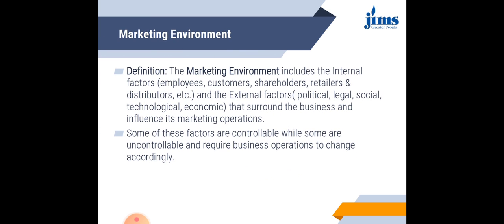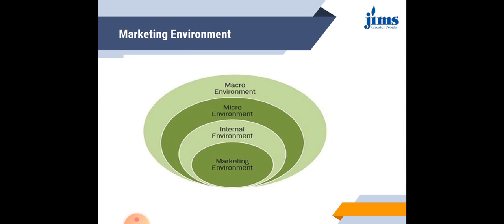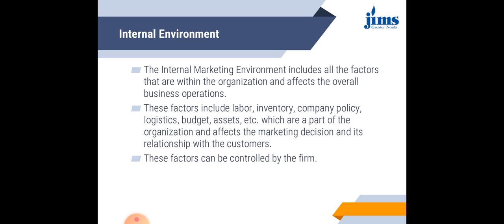That internal environment comprises factors like employees, customers, shareholders, retailers, distributors, etc. Then next to the internal environment is the external environment. And when we talk about the external environment, there are certain micro factors and macro factors which are beyond the control of an organization. So let's first talk about the internal environment.